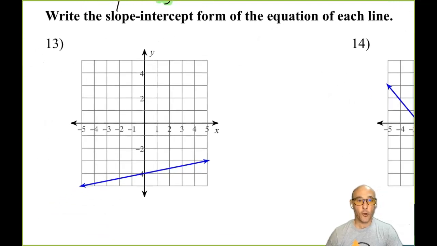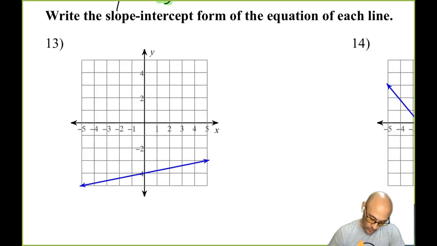Here we're writing the slope-intercept form of the equation of the line. So I'm going to put a couple points in here. Here's one point. Here's another point. And if we look at that slope triangle, we see that the delta y equals +1. The delta x equals to the right 5.